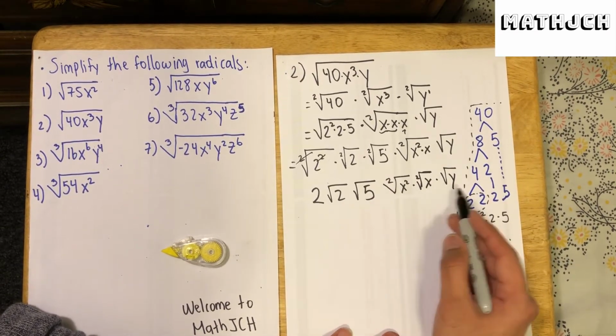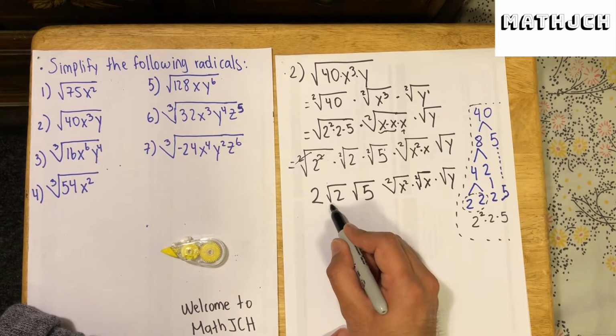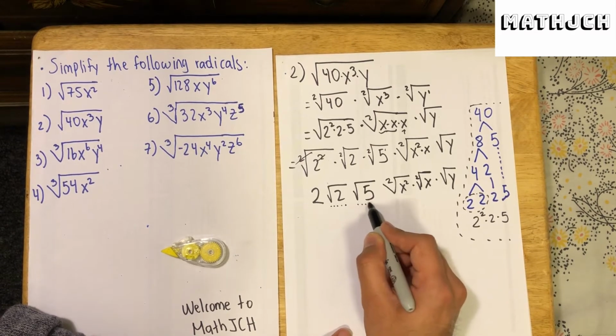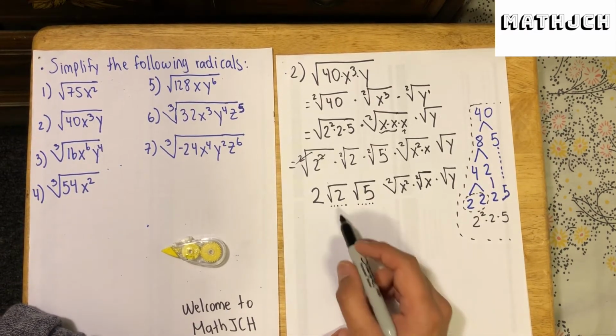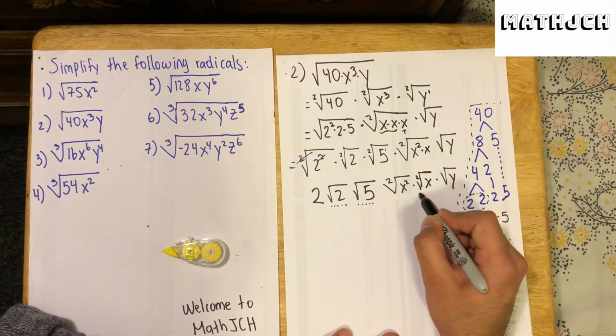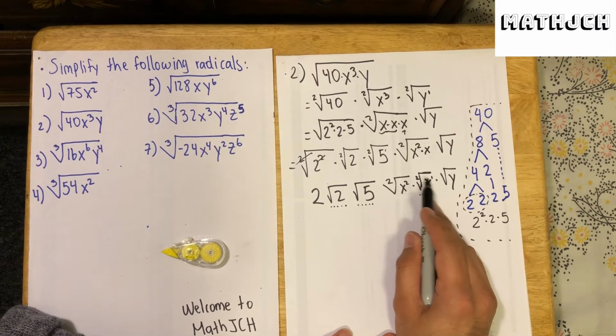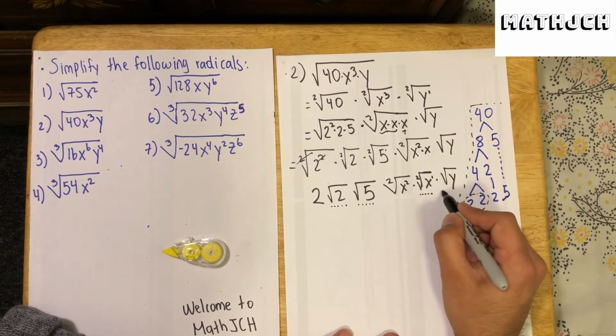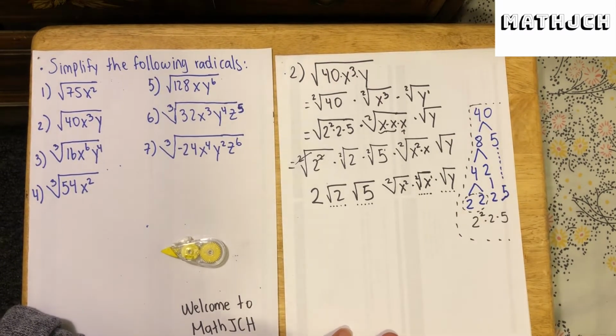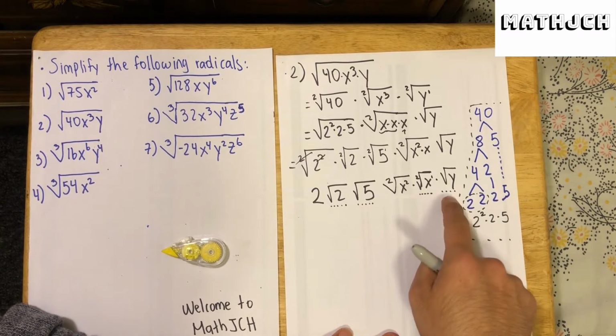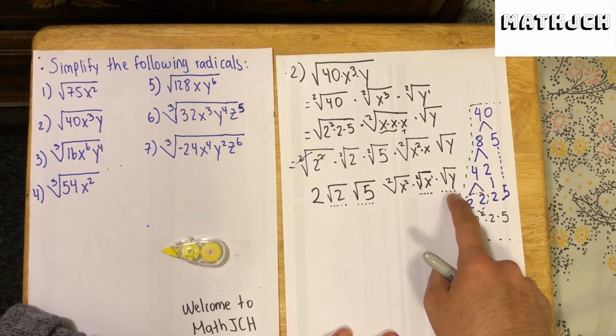Now, notice that I have the square root of 2 here, the square root of 5 here, which cannot be simplified further. Also, I have the square root of x here that cannot be simplified further because my power is 1, which is less than the index. And also, this y here. So I have 1, 2, 3, and 4 things that cannot be simplified.